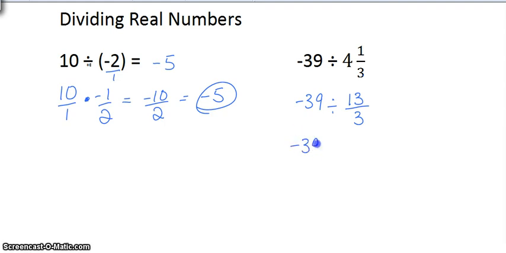So I have -39 times 3 over 13. If I'm paying attention, I'm going to notice that I can do some simplifying. 13 will go into -39 -3 times, and 13 into 13 was once. Now -3 times 3 gives me -9.